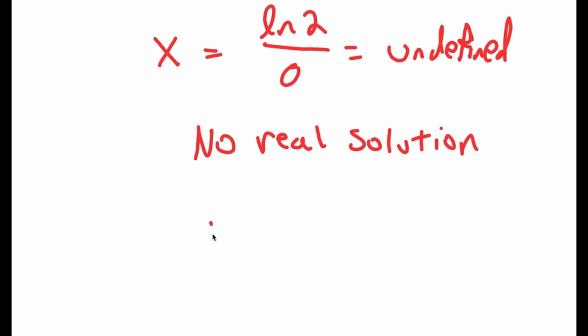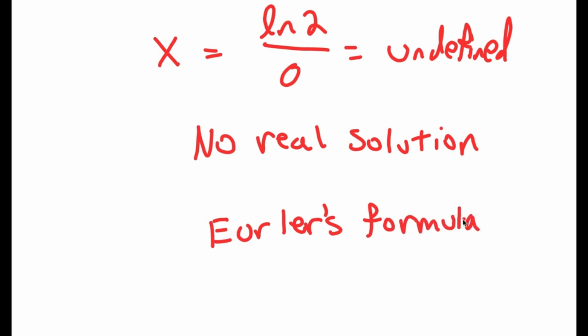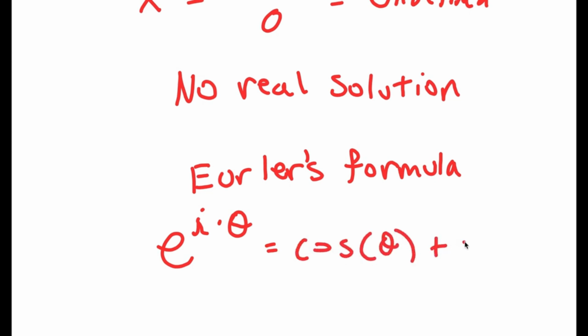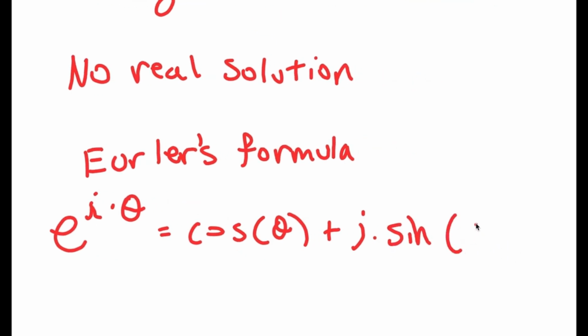So to actually solve this, I'm going to use something known as Euler's formula. Basically, if I have e to the power of i times theta, this is equal to cosine of theta plus i times sine of theta.